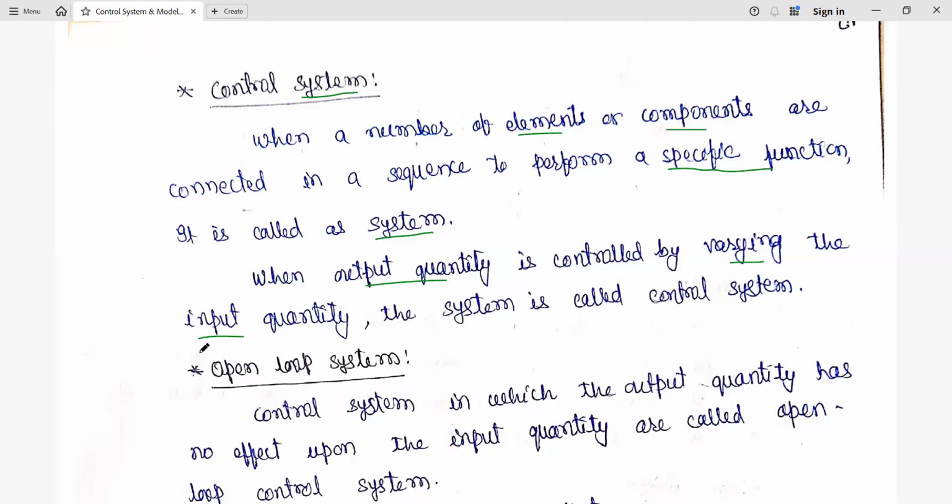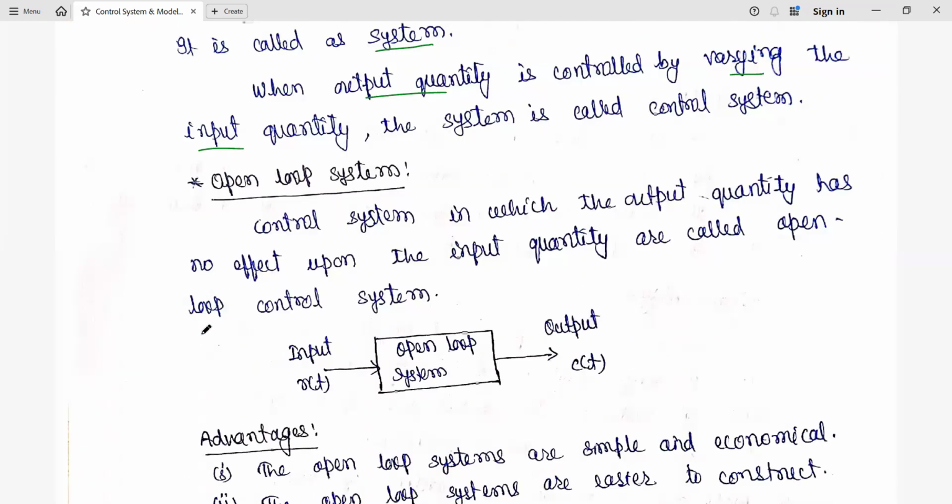Suppose you can control the speed of the car by acceleration. If you press the accelerator more, the car will get more speed. Like this, we are able to control the output quantity on the basis of input.